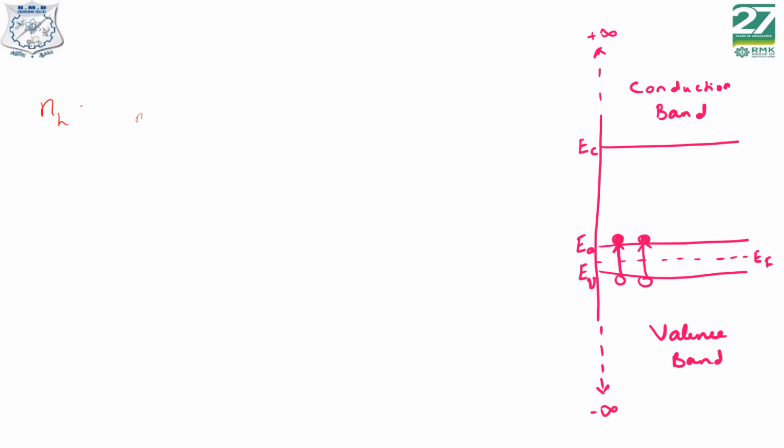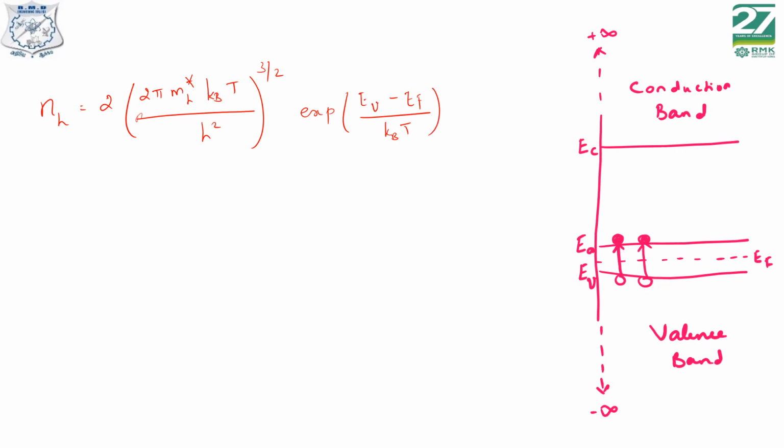NH is equal to 2 into (2 pi mH star kBT divided by h square) whole power 3 by 2, exponential of (EV minus EF) divided by kBT.